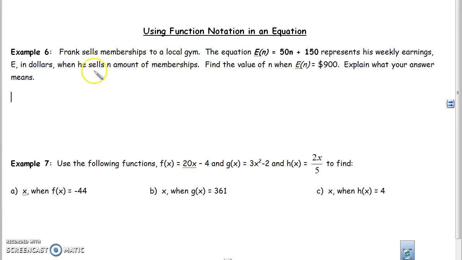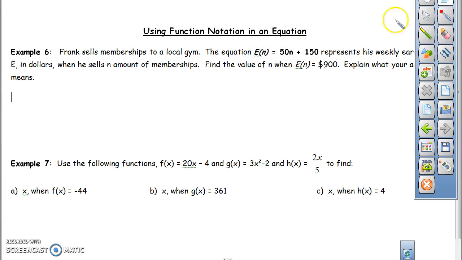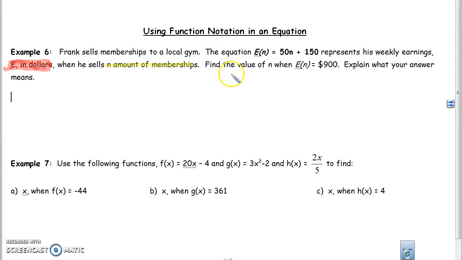Basically, we have this equation, and it's telling us how much money he earns based off of the number of his memberships. So n is the number of memberships, and E is how much money he gets in dollars. Here's what's going on.